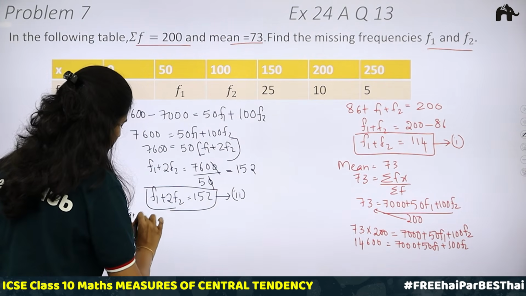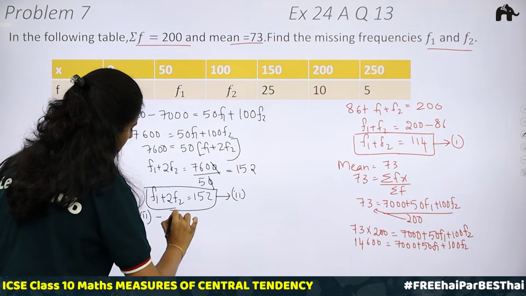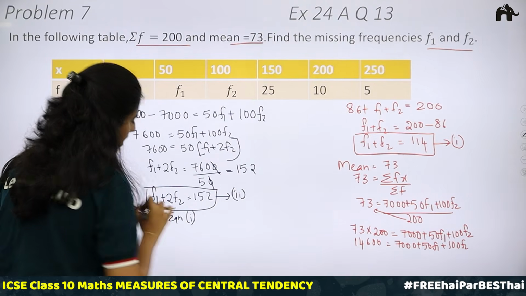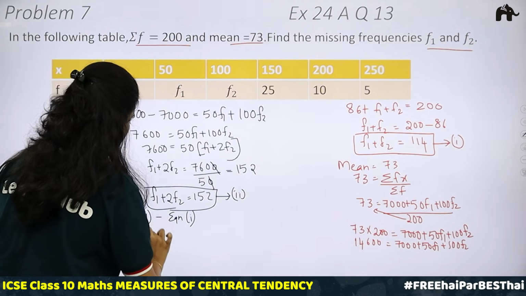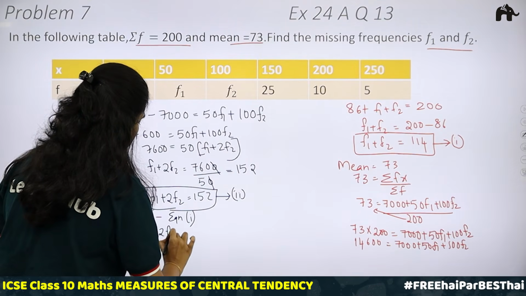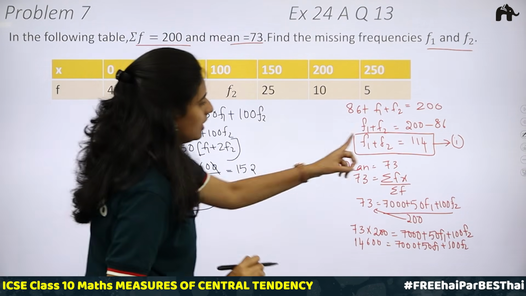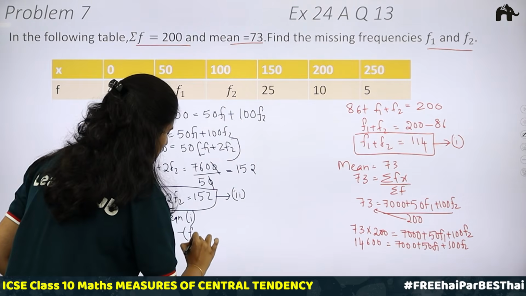Equation 2 minus equation 1. Subtracting, what do we get here? Left hand side we have f1 plus 2 f2 minus, in the first equation it is f1 plus f2.